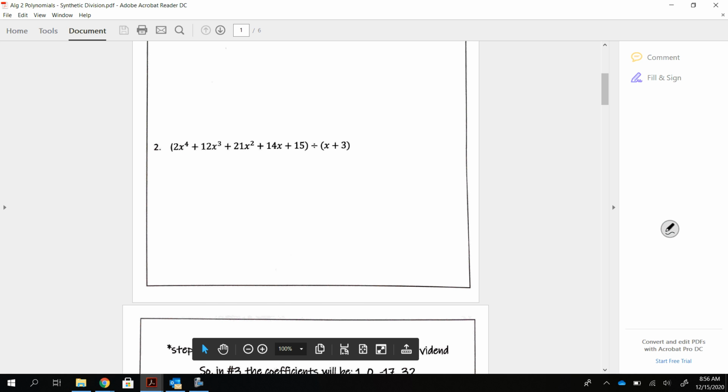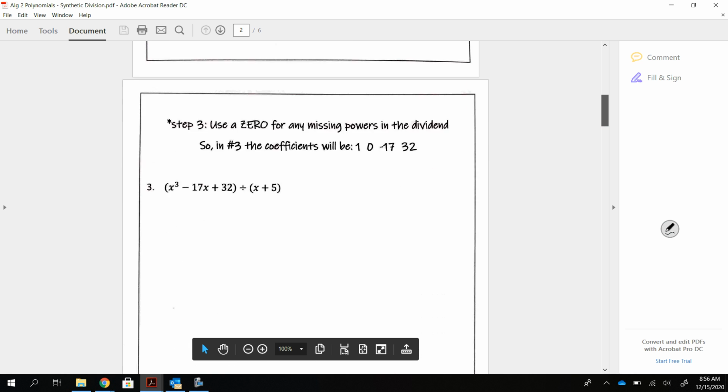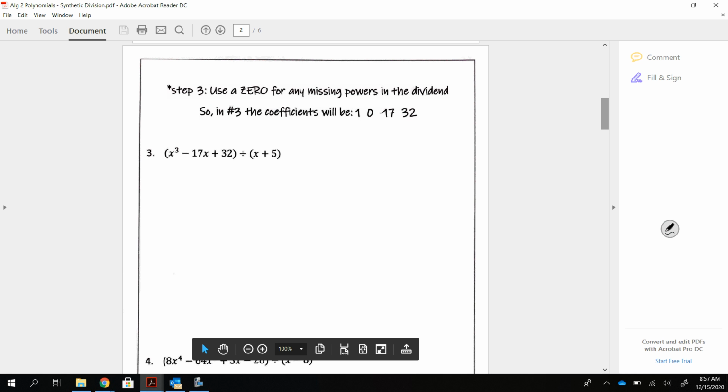One thing I want to note, I won't do another problem because I know the video's a little long and I want you to get to your work. But if you notice on the second page, it says step 3 with an asterisk. It says use a 0 for any missing powers in the dividend. So in number 3, the coefficients will be 1, 0, negative 17, and 32. So if I write this, I'm just going to set it up. This 5 comes out here negative.